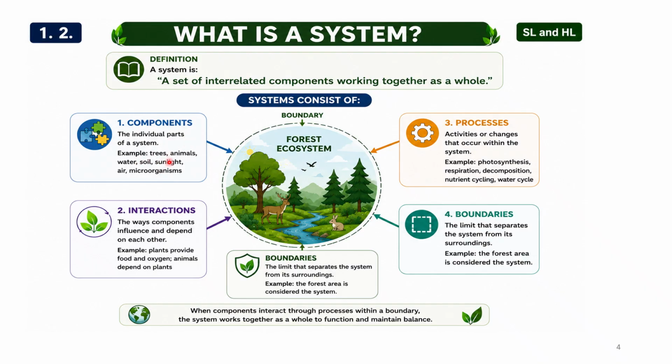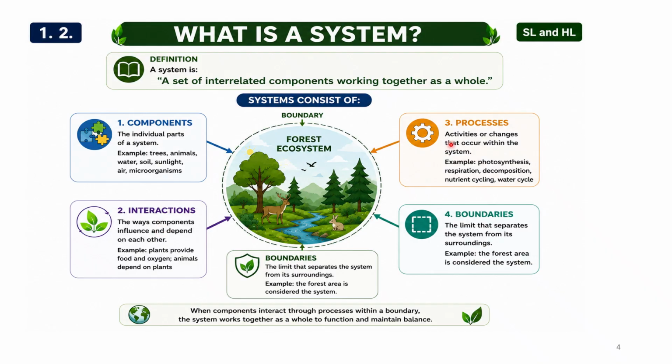In a forest ecosystem, these include trees, animals, water, soil, sunlight, air, and microorganisms. Second are interactions, which describe how components influence one another. For example, plants produce food and oxygen through photosynthesis, while animals depend on plants for food and habitat.